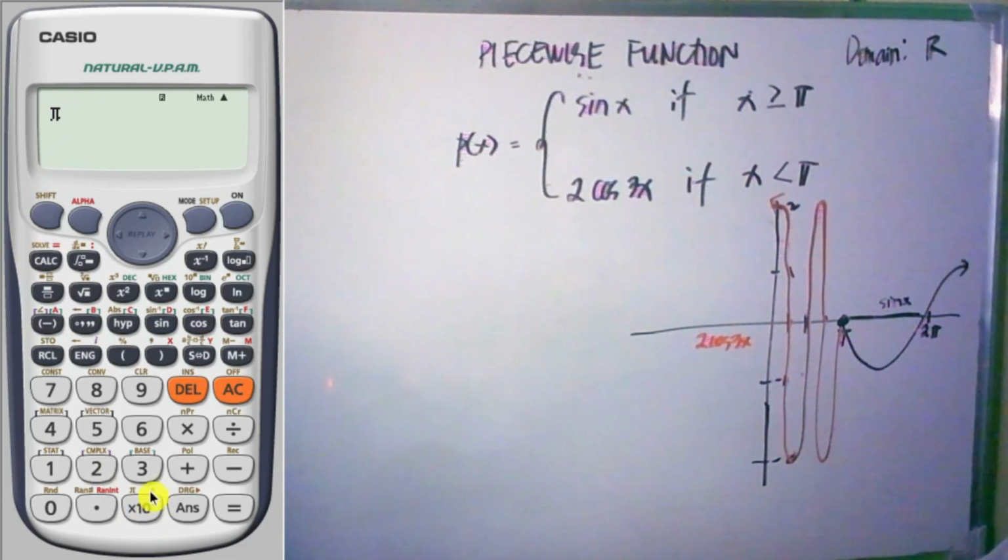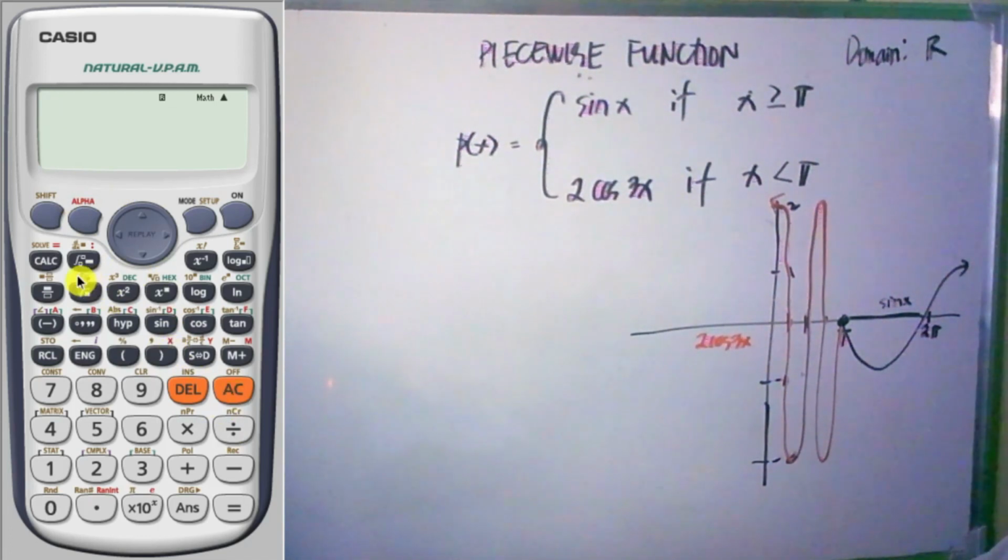If I want Euler's constant, that's E, that's red, so I'm going to press this time alpha, and then the same button, it will give us the number E. If I want to input a variable x, nandito si x. To access it, we need to press alpha, and this button. Tama, x nga ang gusto natin.